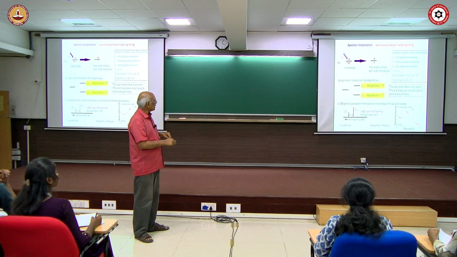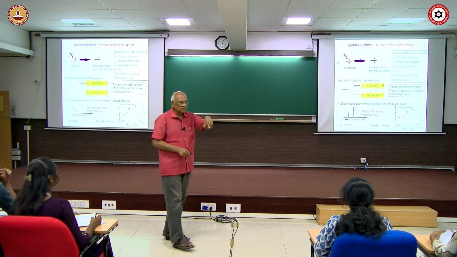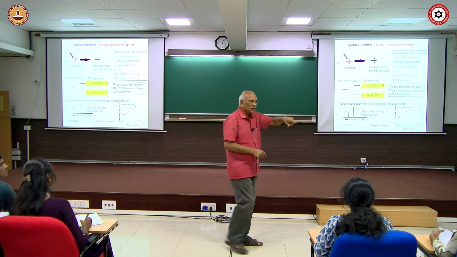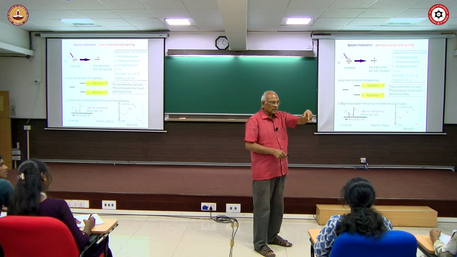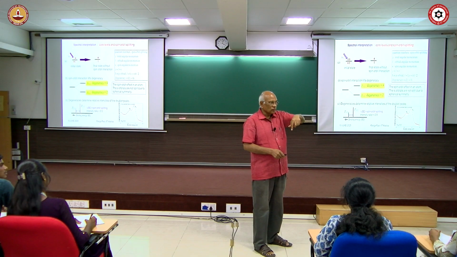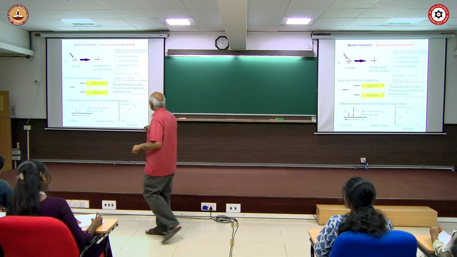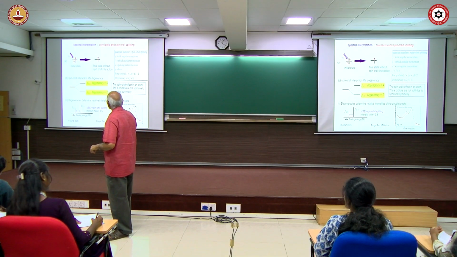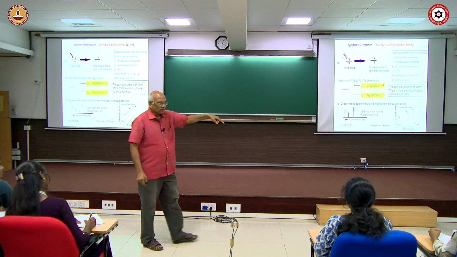Now this electron has a spin and an angular momentum, an L value, and it has an S value also. Once you remove the other electron, this electron has its own spin, and that spin interacts with the L value.